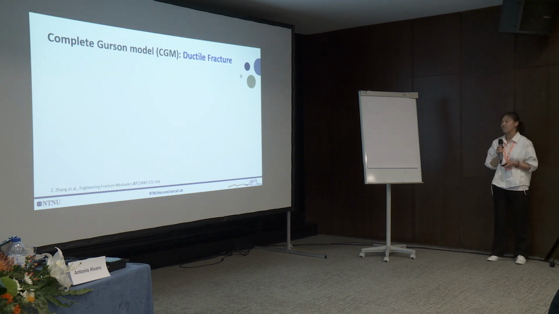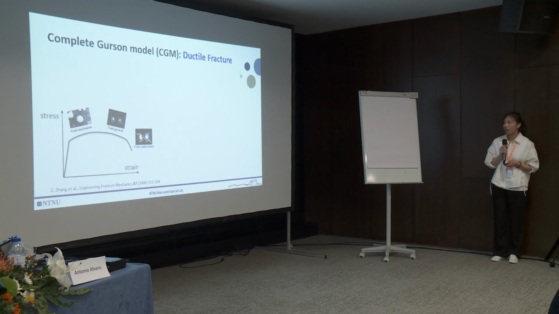On the other hand, the Gurson model is designed to simulate ductile fracture. As we know, ductile fracture is a process of void nucleation, void growth, and void coalescence. Especially, void coalescence plays a very important role since it decides the final fracture.